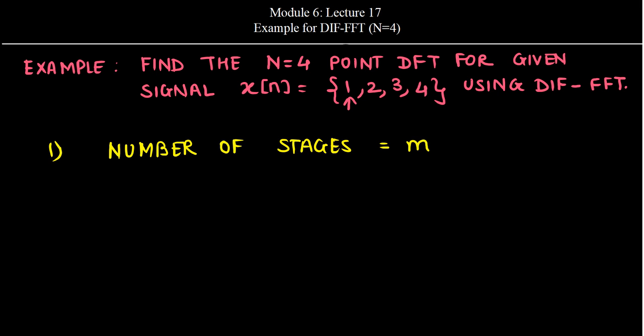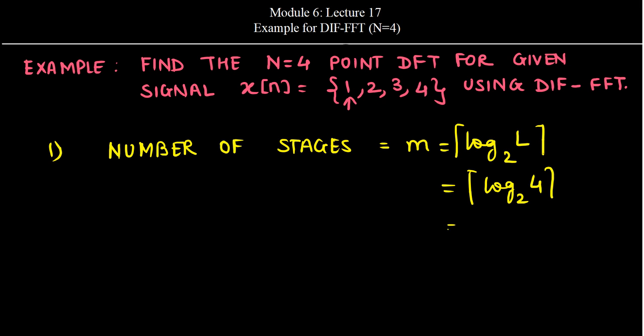That can be calculated using the same formula, that is log L to the base 2 with a ceil. So we have log 4 to the base 2, that comes out to be log of 2 to the power 2 base 2, which is equal to 2.